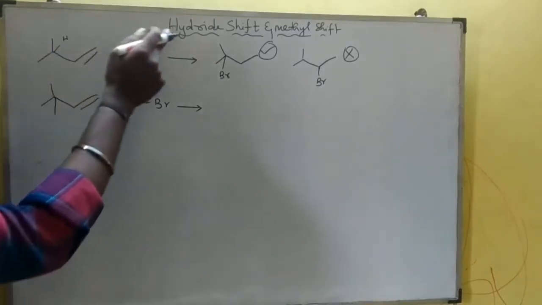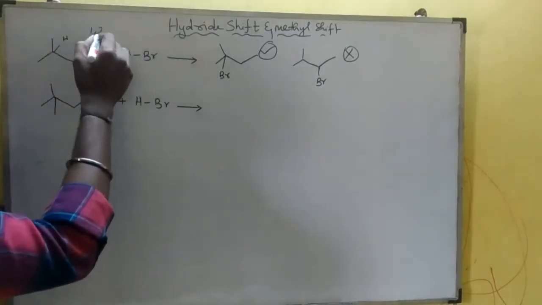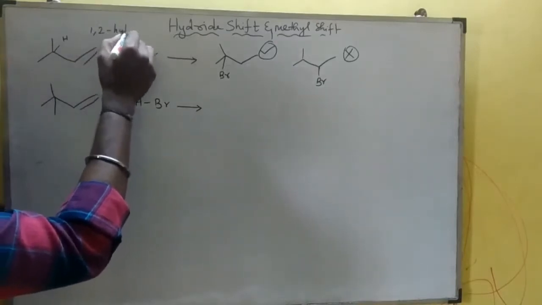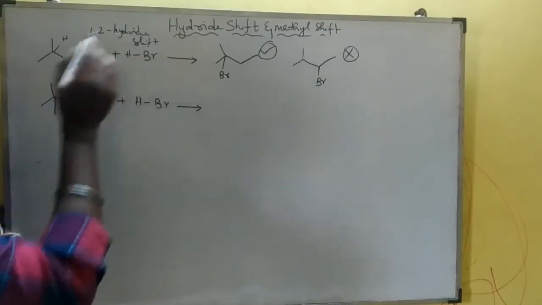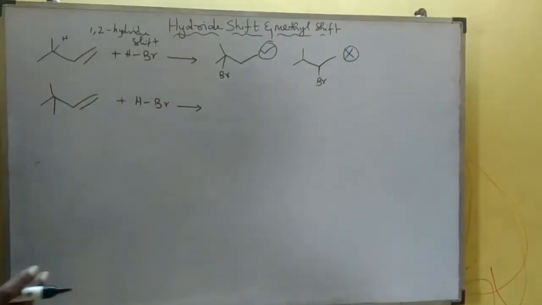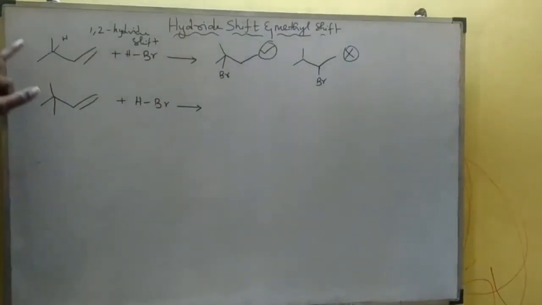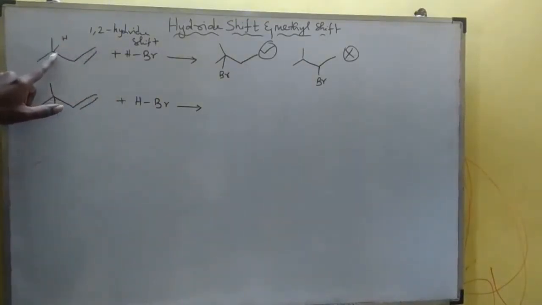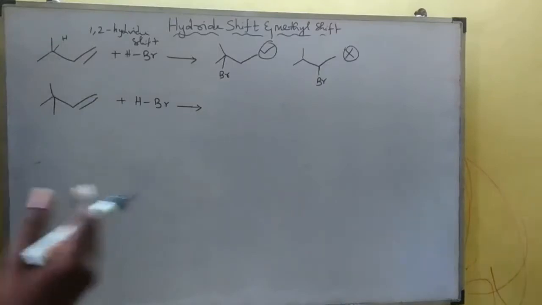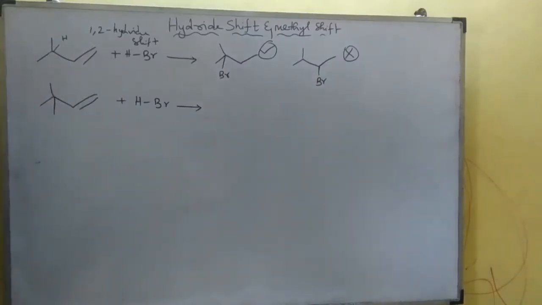This kind of shift is called a 1,2 hydride shift. Here the 1,2 doesn't refer to IUPAC nomenclature numbers. It simply implies that the hydride ion and the carbocation are in vicinal positions. That is why it is known as a 1,2 hydride shift.